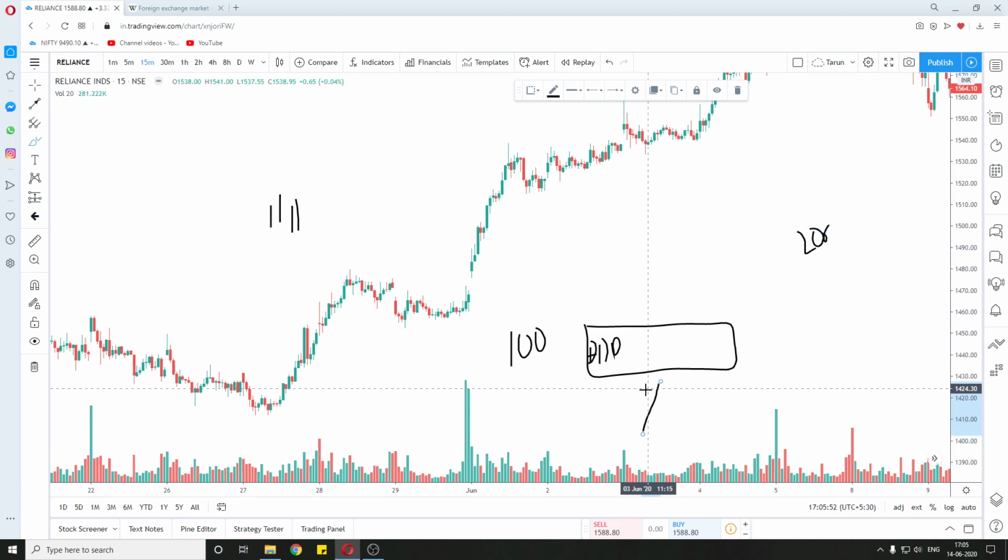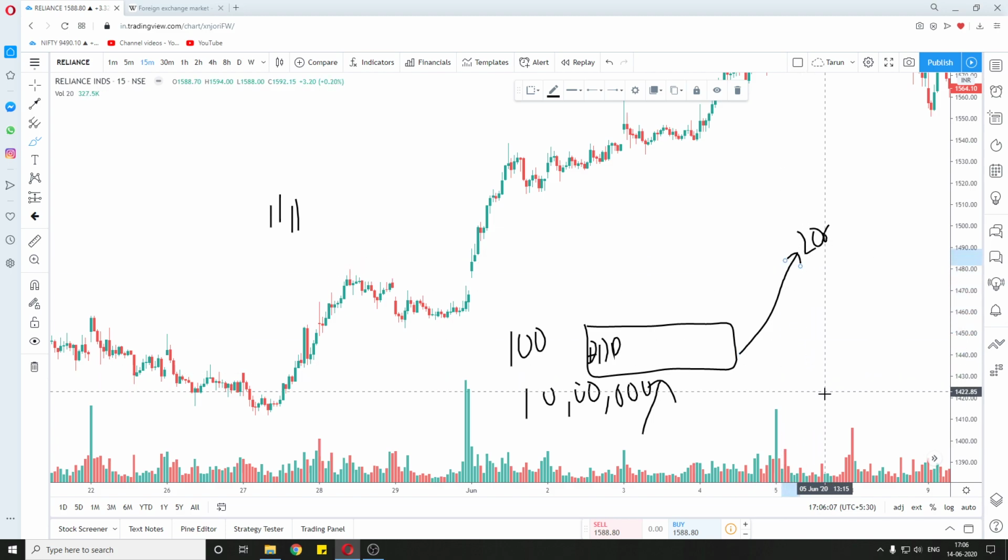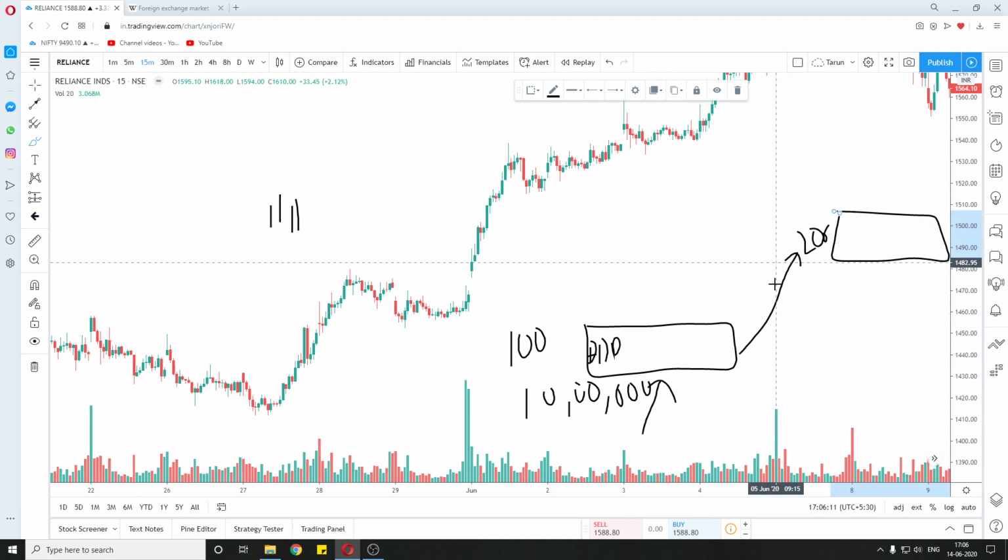Once they have accumulated enough shares, let's say 10 lakh shares, they use more funds and push the price from 100 to 200 very aggressively. Then they sell the shares they accumulated, slowly at the top.